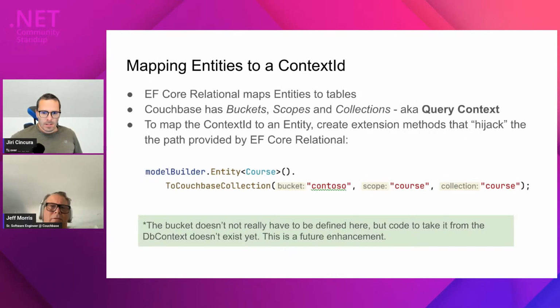Yep. And going forward, Couchbase, while it does have buckets, also has, within a bucket, what are called scopes and collections. And we call that a query context. So the query context is basically bucket.scope.collection. And that allows you to store things similar to a table, right?